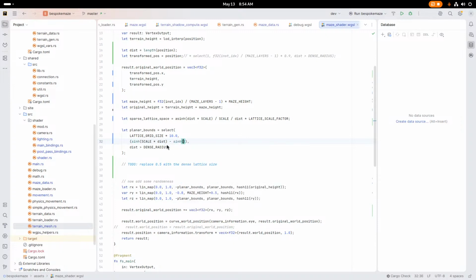Sinh, scale times dist plus scale, divided by scale.